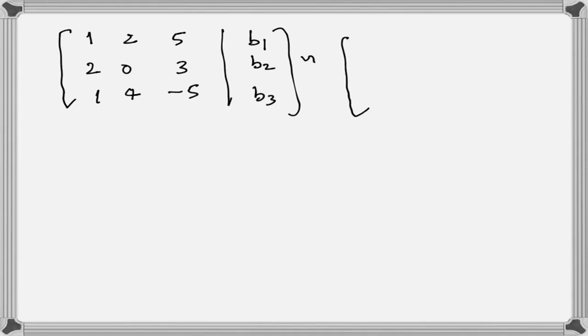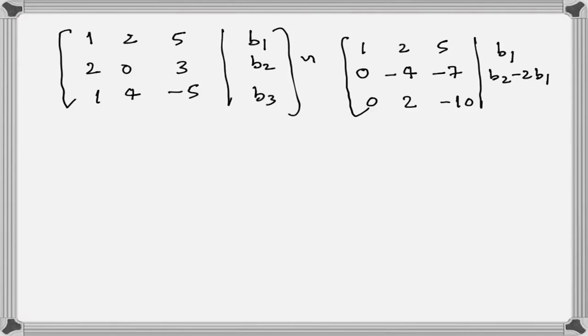So we write 1, 2, 5, b1, then we apply r2 minus 2r1, so this is 0, minus 4, 3 minus 10 is minus 7, and b2 minus 2b1. Okay, and then r3 minus r1, so 0, it's 2, and this is minus 10, all right, and b3 minus b1.